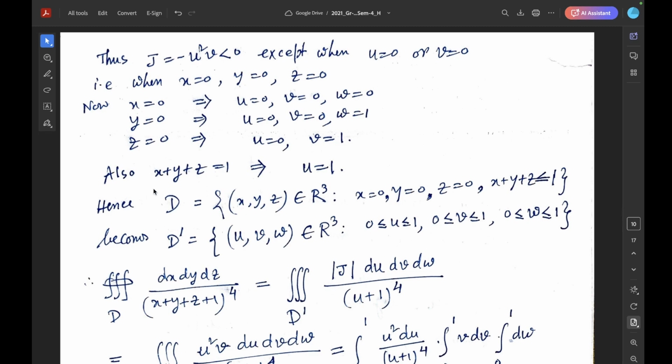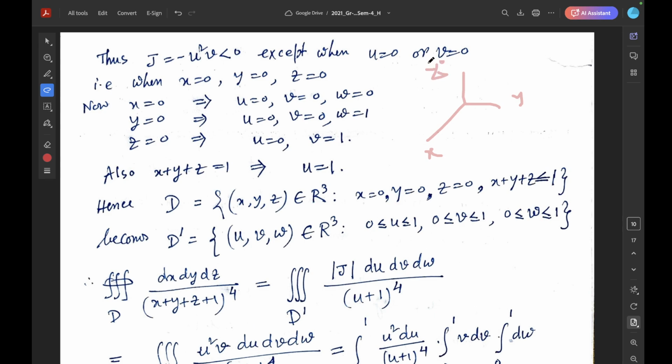So the region of integration D, this volume (x, y, z) belongs to R3, x equal to 0, y equal to 0, z equal to 0, and it is bounded by the plane x plus y plus z less than or equal to 1. So actually this volume is this type, with this x axis, this y axis, and this z axis.